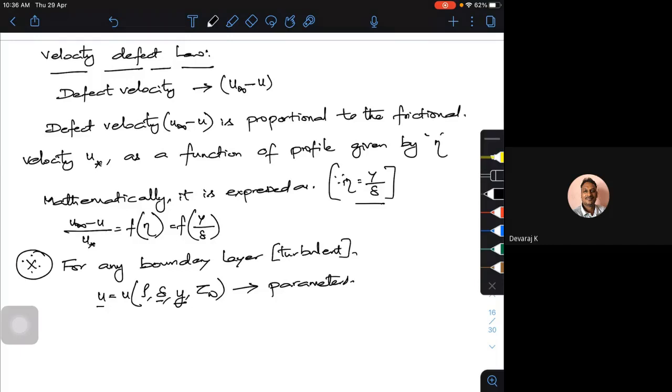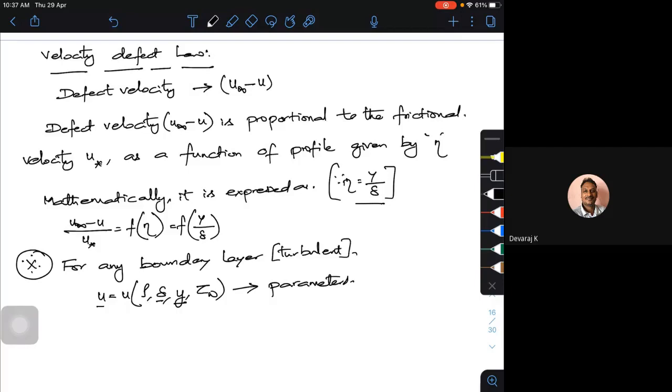Towards those trailing ends, there is a point which gives rise to what is called separation, which we call an adverse pressure gradient. If it's a favorable pressure gradient, that's fine. But an adverse pressure gradient will lead to the formation of separations.